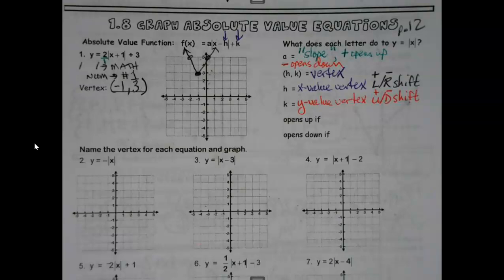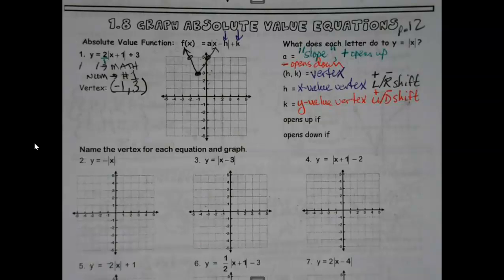But here's another way you can look at this with your vertex. If you start at the origin on this one, okay, and you went 1 to the left, and you went 3 up, you're at your vertex. So knowing the HK thing will do it quickly. Otherwise, you can always think about it with the shifts, starting from the origin, and you can get there as well.